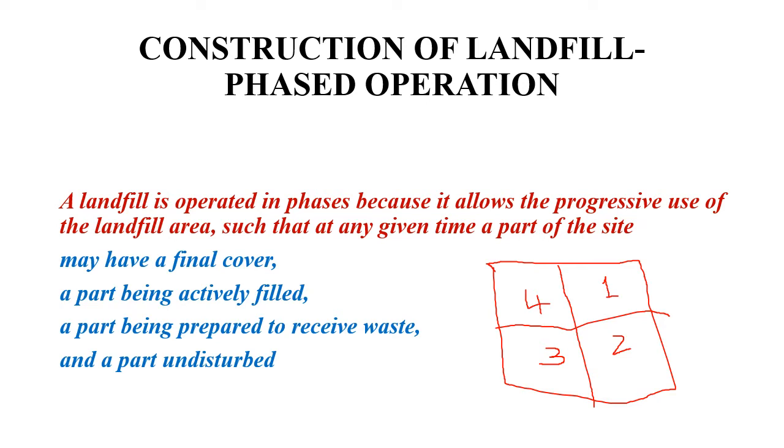Once this area 1 or phase 1 is completely constructed, only then will I move on to phase 2, or sub area 2. So once sub area 1 is under the active landfill construction process, sub area 2 will be prepared for receiving the material.